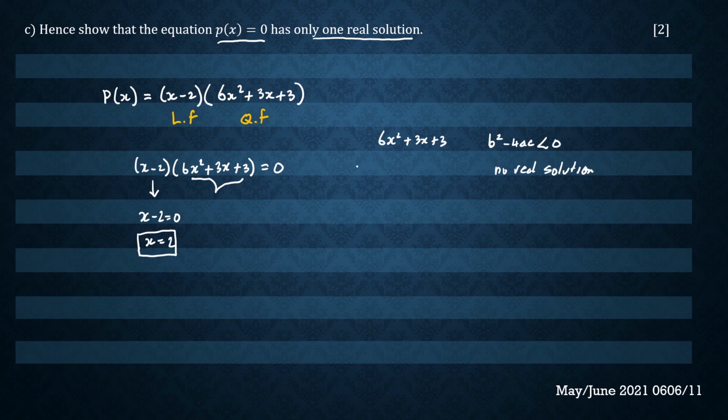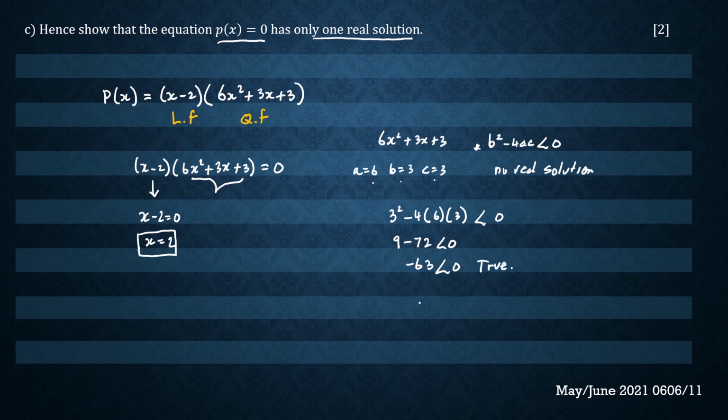In this case, a equals 6, b equals 3, and c equals 3. Substituting, we'll have b squared, which is 3 squared, minus 4 times 6 times 3. We need to check if this is less than 0. That gives us 9 minus 72, which is negative 63, less than 0, and this is true.